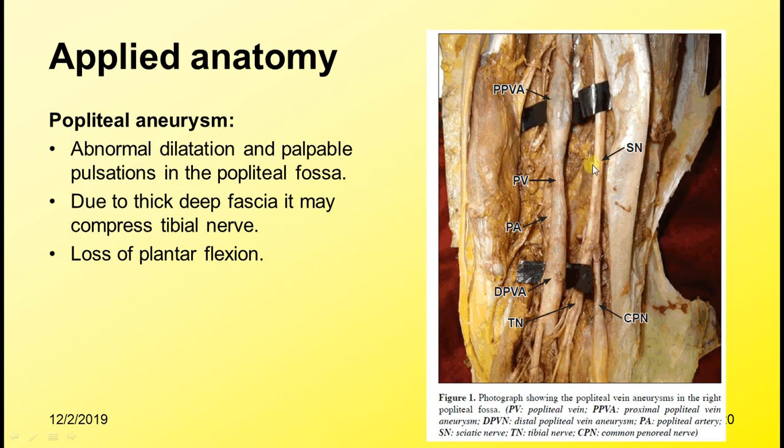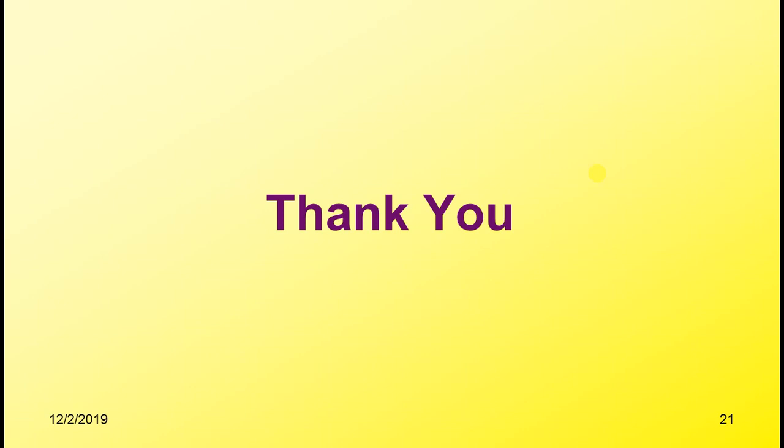If this is compressed, then naturally plantar flexion is lost. Again, the reason I told you in the previous slide itself, paresthesia, abnormal pricking or tingling sensation of the foot and posterolateral aspect of the leg. Okay, paresthesia occurs in the foot and posterolateral part of the leg. So that is about the popliteal aneurysm.